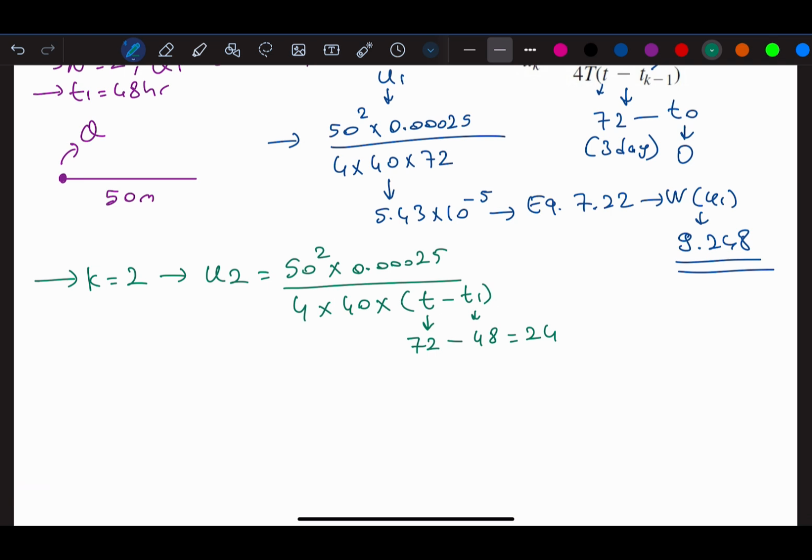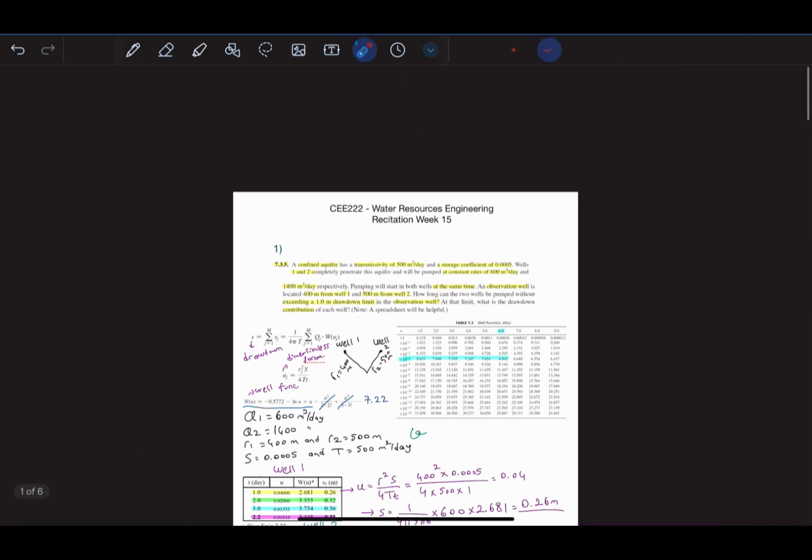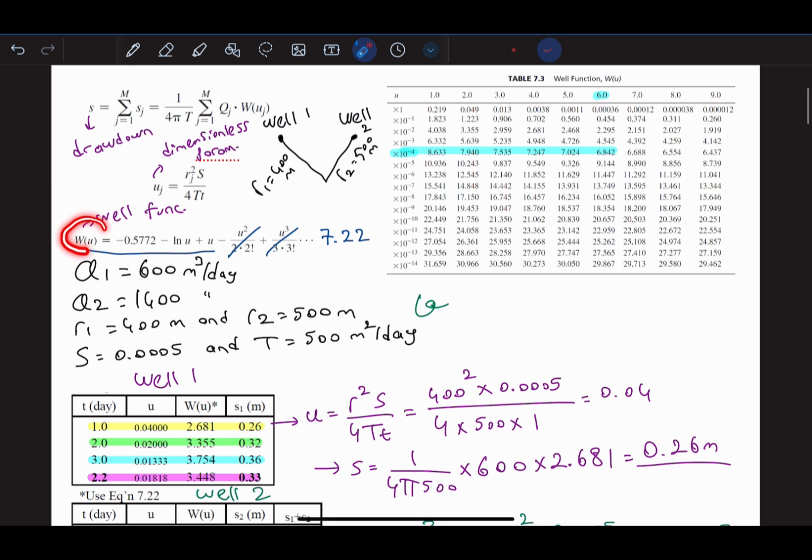So let's continue with U2. It will be 1.63 times 10 to the power of minus 4. And again, using equation 7.22, as a reminder, it is this equation. When you cannot find the value from table 7.3, you can directly use this equation.